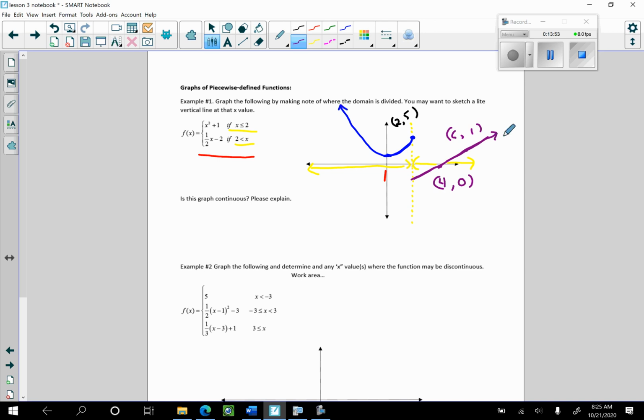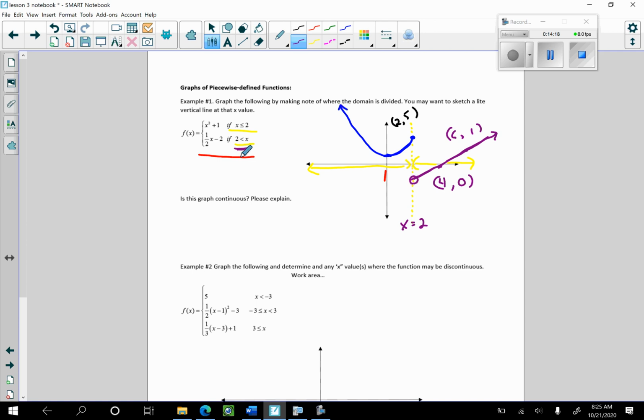And here's my question to you. And here's what we need to be able to do. I'm going to put an open circle on this x equals 2 line. It's an open circle because that line is not defined at 2. It's when x is greater than 2. And that's one of the areas that the Algebra 2 students yesterday were struggling with.